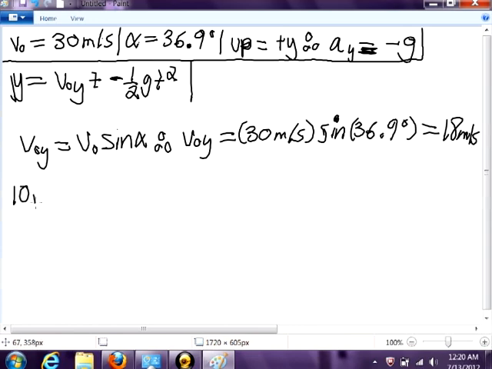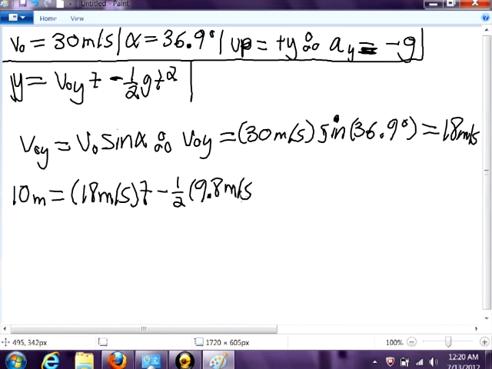We want to calculate for 10 meters, and that's equal to v0y, which is 18 meters per second, times t minus 1/2 g, which is 9.8 meters per second squared, times t squared. Now, this is a quadratic equation, which we must solve for t.